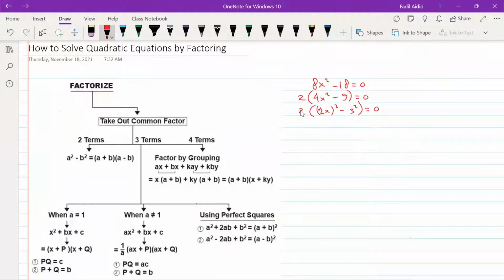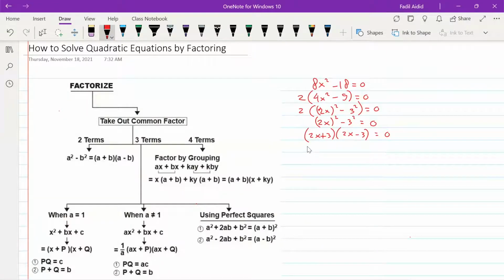Now we need to get rid of this, so divide both sides of the equation by 2. So 2x squared minus 3 squared equals 0 divided by 2 is 0, so still 0. And then you can apply the formula, a plus b bracket a minus b. So 2x plus 3 and then 2x minus 3 equals 0.